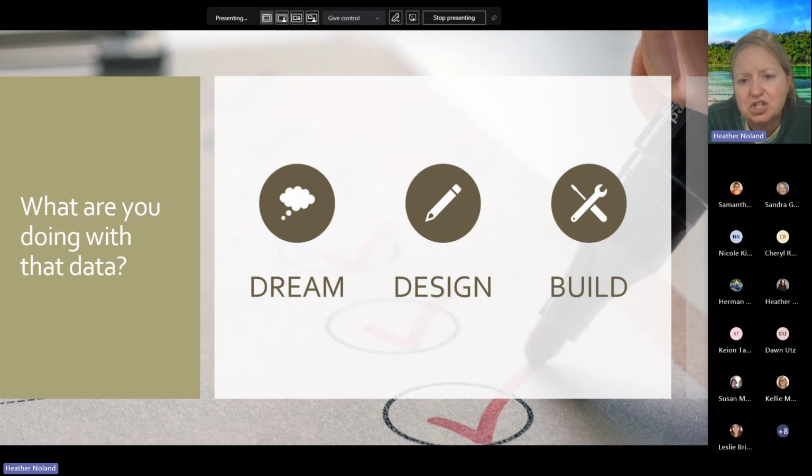Having those conversations, pulling those people in to help us with those things is the beauty of why we do what we do and why we have these Grub Clubs, so that if you hear something that someone is doing, you can reach out to them and say, hey, I want to hear a little bit more, Cheryl, about how you are measuring that. The collaboration piece is huge, and making sure that you identify those people to help you, because maybe we're not that great at looking at the data sometimes.